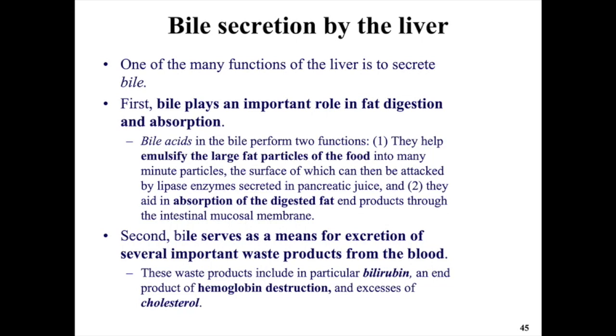The substances that help with digestion, for now, we can call bile acids. We will talk a little bit more about this, and we'll talk also about lecithin. But essentially, the bile acids and the lecithin are responsible for emulsification. Let this word sit here because we'll come back to it.